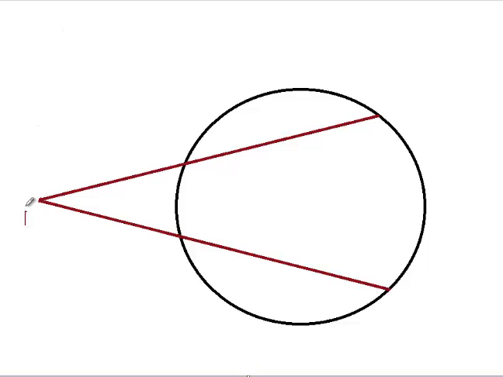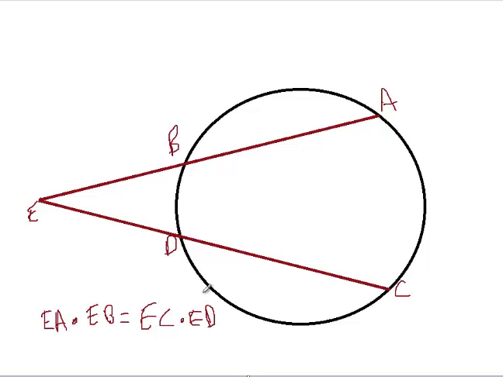Now I know that doesn't mean anything in a vacuum, so I'll draw the letters over here. Let's call this E, and let's call that B, and that D, and that A, and that C. So what this tells us is that this long secant, EA, multiplied by the short one, in other words, EA times EB, is the same as the product of this secant, which is the long one, EC times ED.